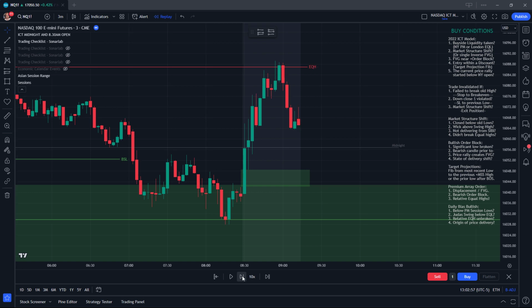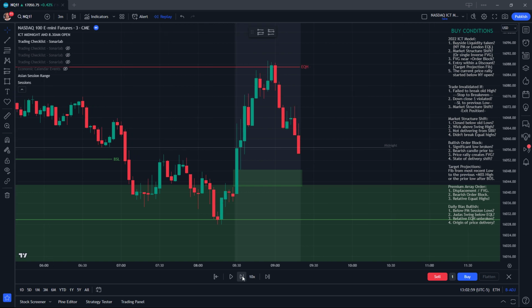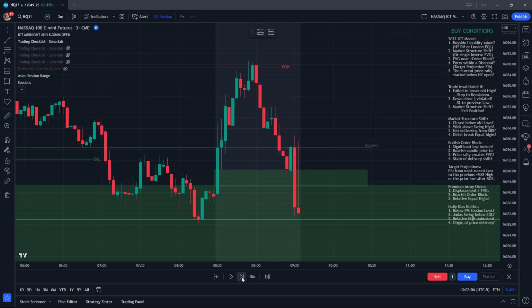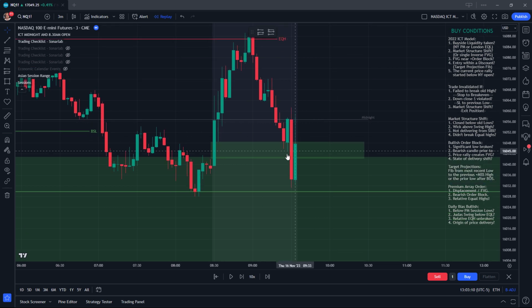Okay, so price, what is it going to do? Okay, so it comes back to our fair value gap. Wow, kind of smashes through that. This low hasn't been taken out yet.